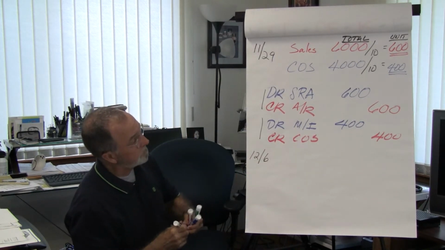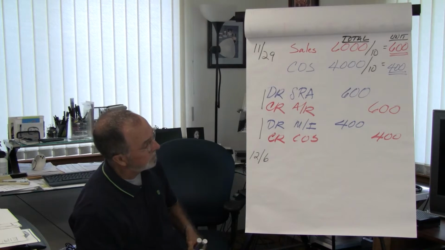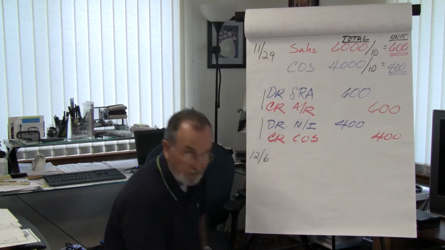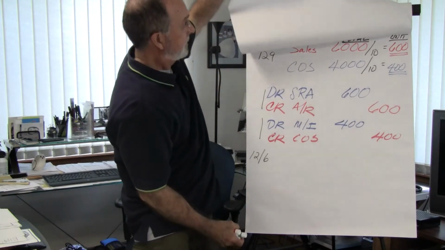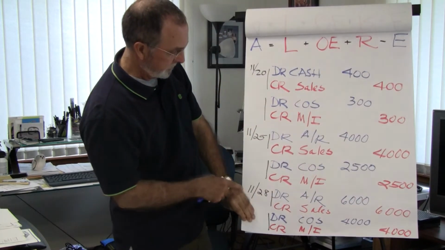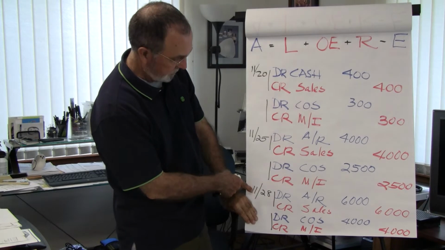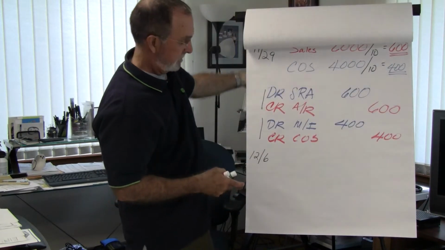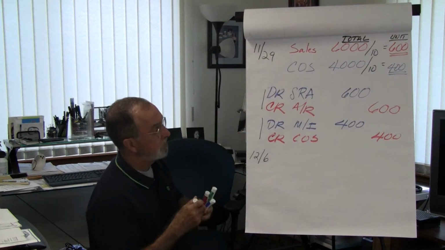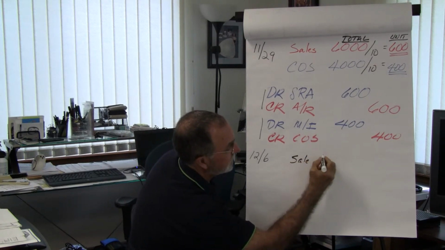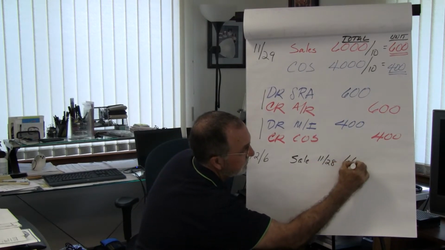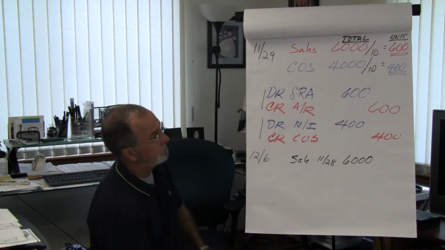Okay, so Nancy's Gym is going to pay us off in full. We need to calculate how much they owe us. And so again, going back to that transaction, the sale was on November 28th, and that was for $6,000.